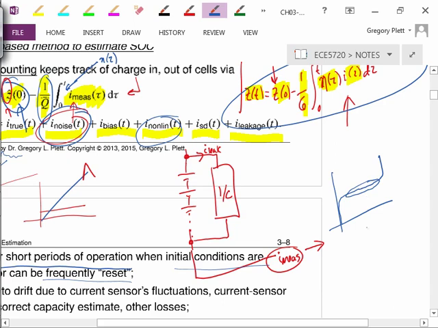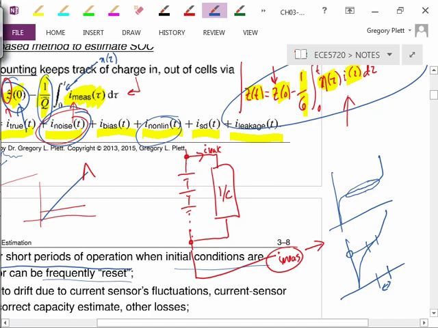If voltage has a lot of information, so if my OCV relationship of a cell is fairly slopey, that means that even a noisy estimate of voltage gives me a fairly decent estimate of SOC that I can use as feedback. It's not perfect, but it's a noisy estimate that I can use as feedback on my estimator.